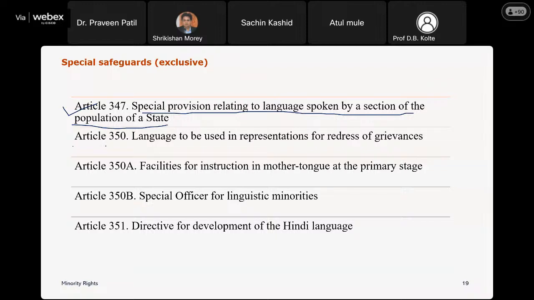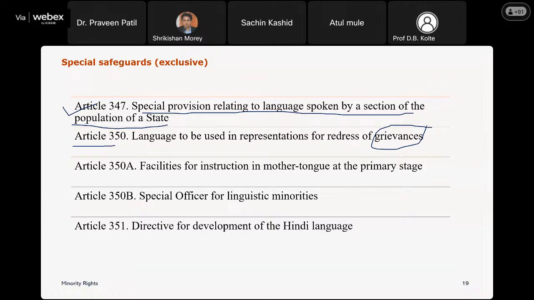The supplementing article is Article 350. It says any person can, when he has a grievance, for example, I am a Marathi, I speak Marathi, I studied in Marathi, but I don't know English, I don't know Hindi, and I want my grievances to be heard by the President of India, the Parliament of India.